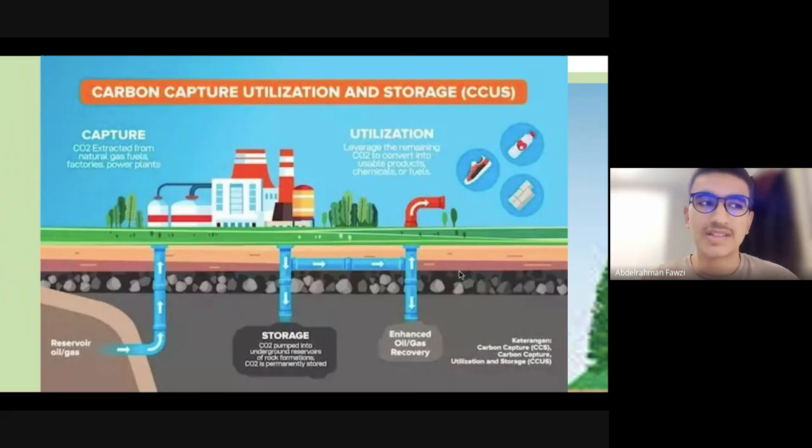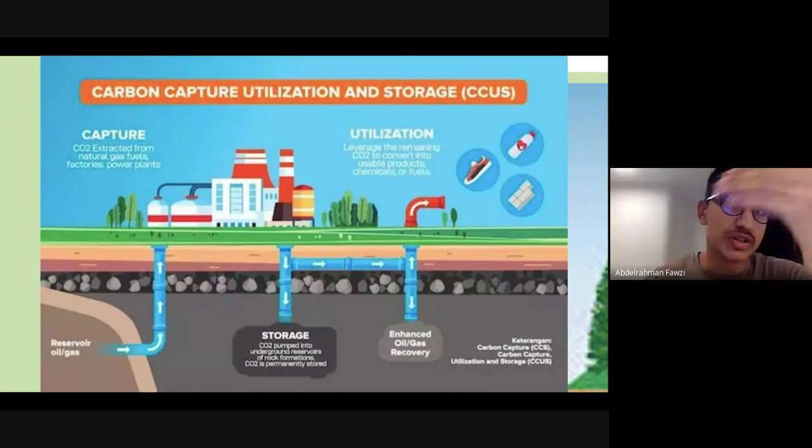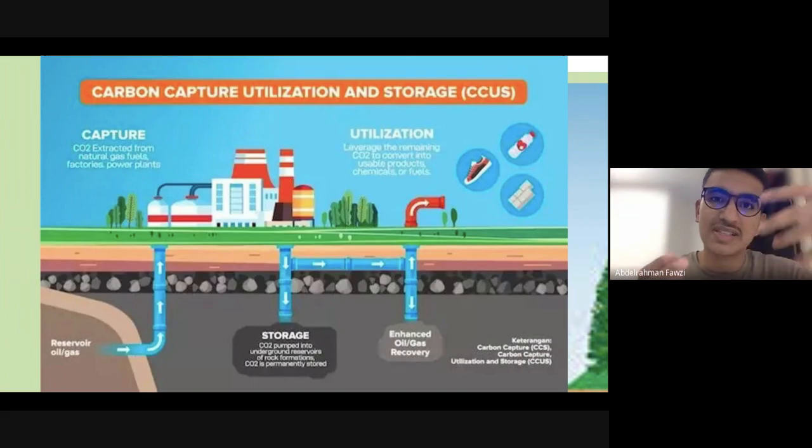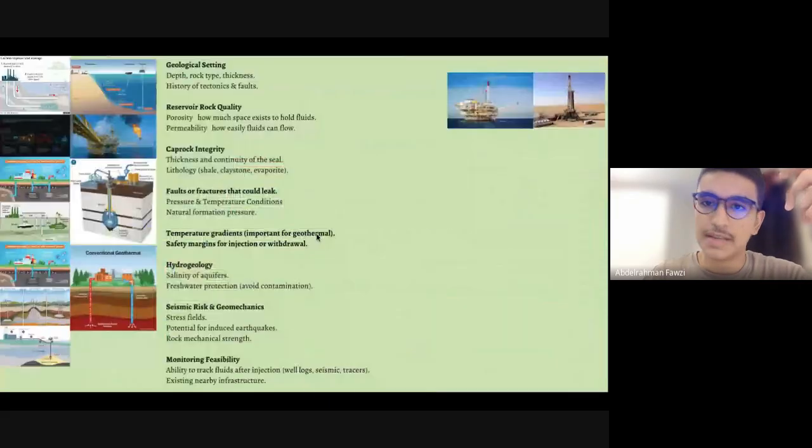So when you produce a lot of oil, a lot of water as well, a lot of gas, this pressure will decrease and your production will decrease as well. So what you're going to do is inject CO2 inside. You're going to increase this pressure again and you're going to have good production. Does that make sense?